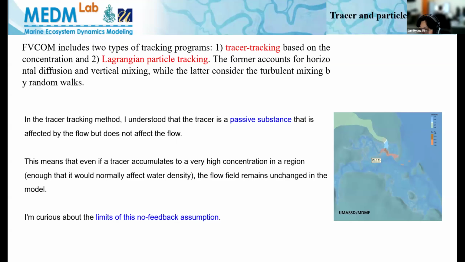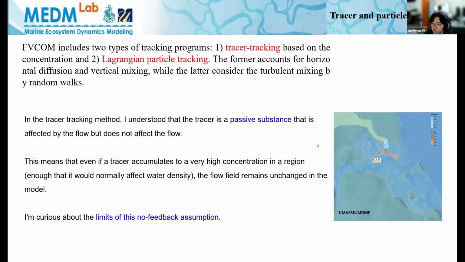Can I share my screen? Yes, please. I have two questions. In the tracer tracking method, I understood that the tracer is a passive substance that is affected by the flow, but does not affect the flow. This means that even if a tracer accumulates to very high concentrations in a region, the flow field remains unchanged in the model.